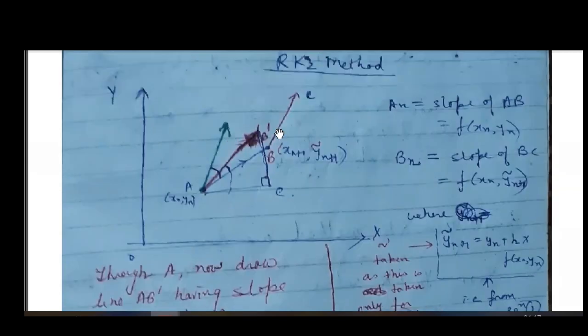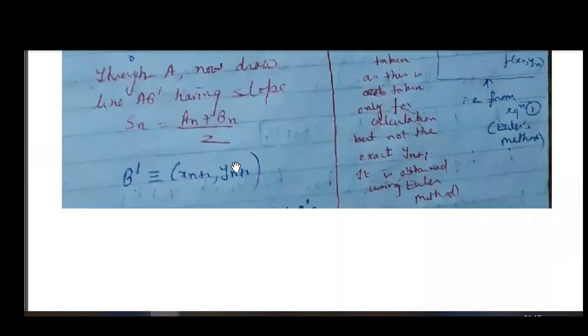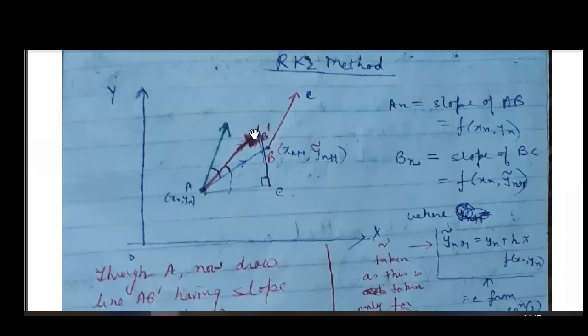But this line is parallel to this one, so if it is having a slope Bn, this is also having a slope Bn. So half of An plus half of Bn. So Sn is this thing. And B dashed is the point xn plus 1, yn plus 1. Now you see this point is xn plus 1, yn plus 1, not this point. That's why I have used this tilde here. This is the thing we require to find out, not this thing.